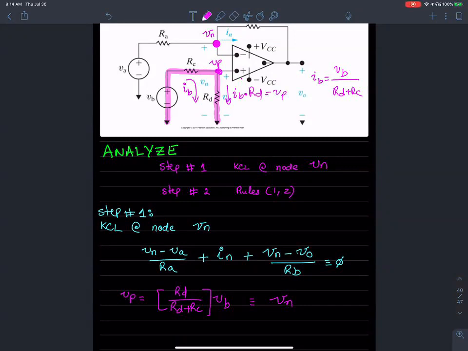So all I have done is observe that VP is a voltage division applied to VB. That's all there is to VN. So that's observation number one. This is rule number one, which tells me that VN equals VP, both of which are a voltage division. What's the next rule?